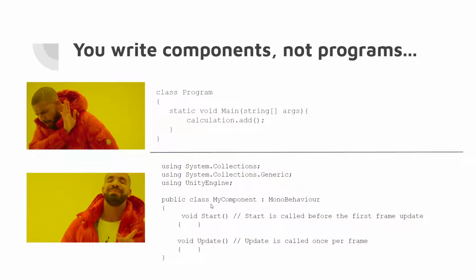It has a public class with whatever name you gave it when you asked for a new script. And it inherits, that's what this little colon is here. It means it is based on the MonoBehaviour, the basic blueprint, the basic class that Unity wants us to use to create our components, right?